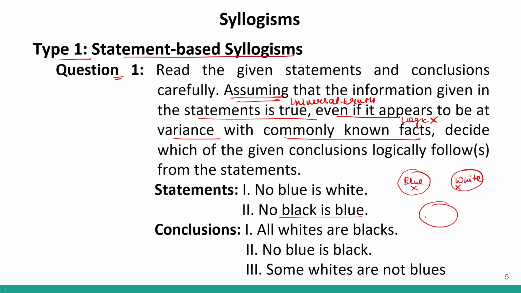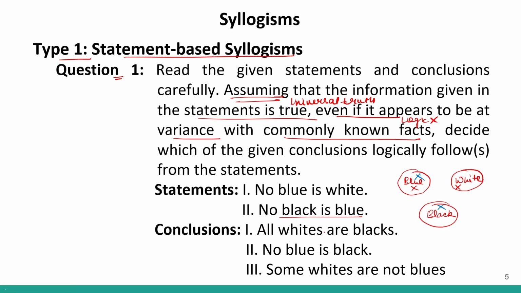So now we have a separate entity called black, and blue and black will not overlap. I am using a different pen to highlight that. The red one depicts that blue and white cannot overlap, and the blue one depicts that blue and black cannot overlap. Now if you look at white and black, they don't have the same colored cross. That means they can overlap. It is a possibility.